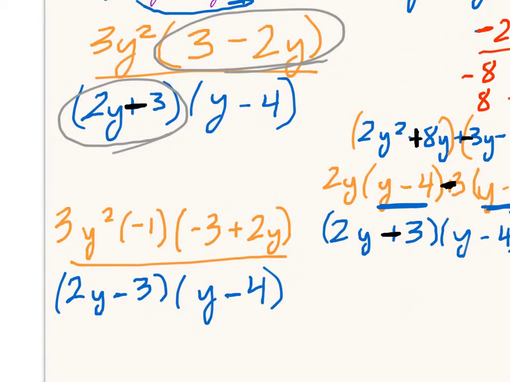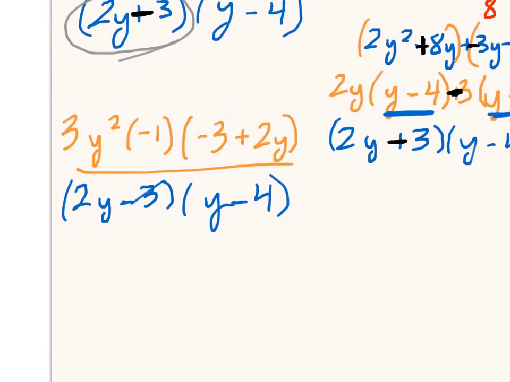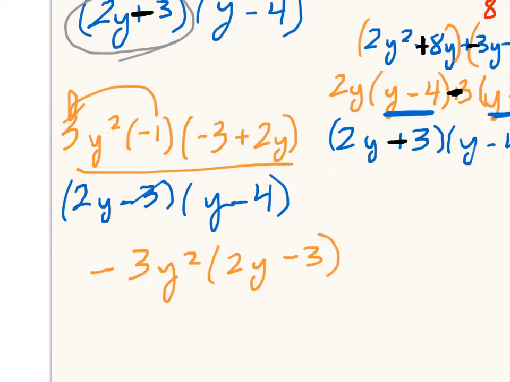What can we do? Let's reorder our terms. Negative 3 plus 2y. Because it's addition now, it's commutative is what the rule for that is called. And so we can rearrange the order of those two. So our last little kick, I'm going to put that negative 1 on there. Make it negative 3y squared times 2y minus 3, all over 2y minus 3 times y minus 4.